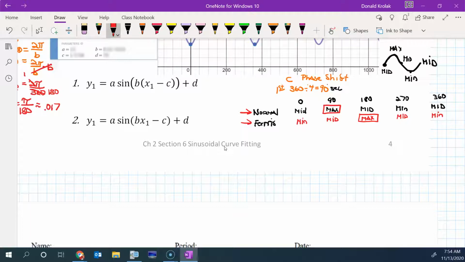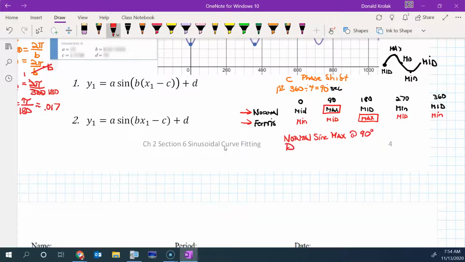Okay, let me write it like this. I'd have to shift it over how far? 90 seconds. Okay, so the max for a normal sine occurs at 90 seconds.